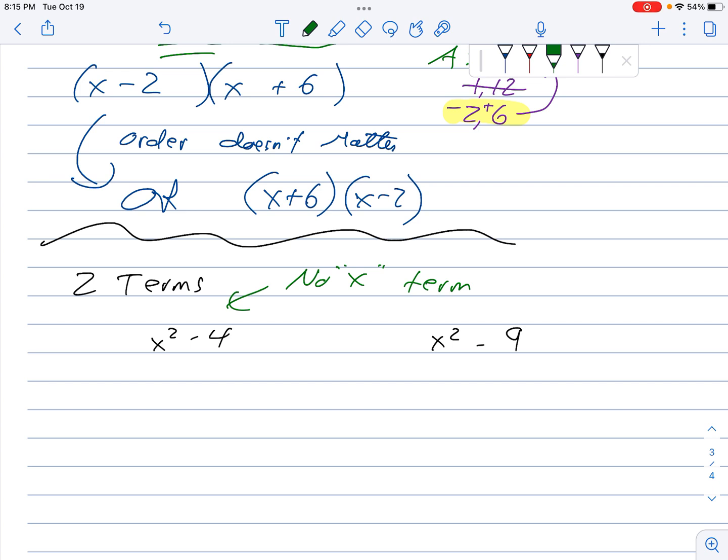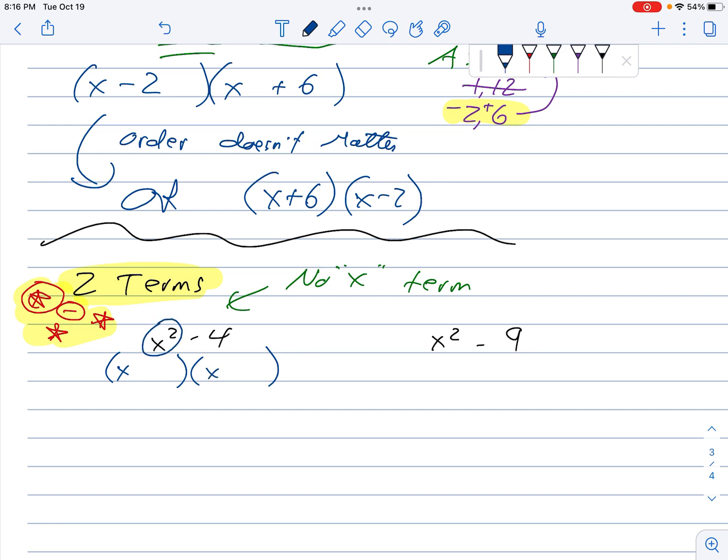If I have two terms and a minus sign, I can do this process right here. I'm going to write two sets of parentheses, just like the ones above, x and x, because that's an x squared.